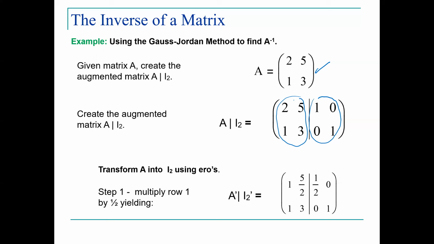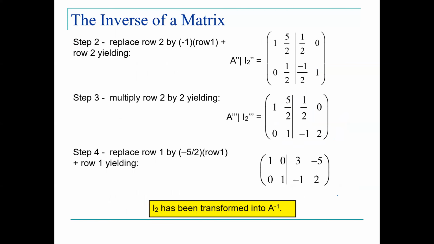We multiply the first row by 1/2, and that's what we are seeing here. It's the whole row that we are multiplying by 1/2. And then we continue the process until we find the identity matrix on the left.